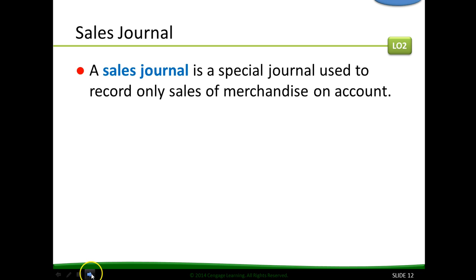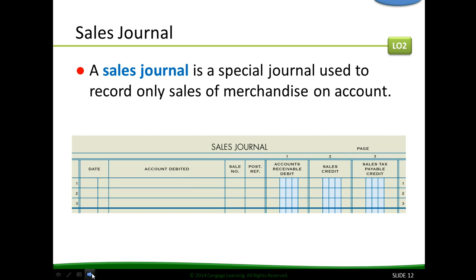Okay, so let's look at what a sales journal looks like. This is a sales journal, and I want you to see that it's titled Sales Journal right there at the top. Again, in our transactions and in our descriptions, we're going to need to add a page number. So the page number is going to go here. Again, date, account to be debited.